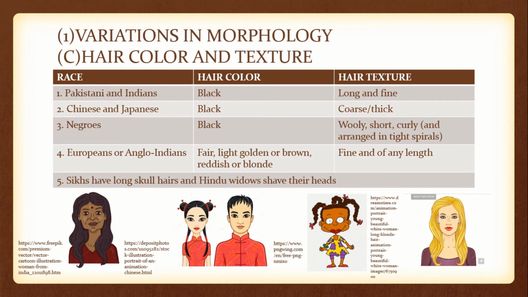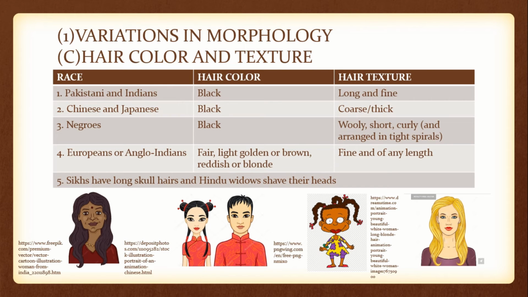I'm just going to summarize it for you. If the hair color is black and hair texture is long and fine, then the person would be a Pakistani and or Indian. If the hair color is black and hair texture is coarse and thick, then that person would be a Chinese and or Japanese. If the hair color is black and hair texture is woolly, short, curly, and arranged in tight spirals, then that person would be a negros or negroid.